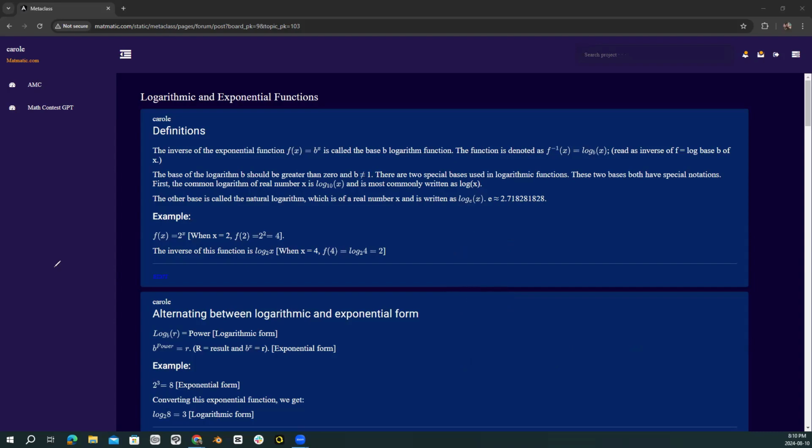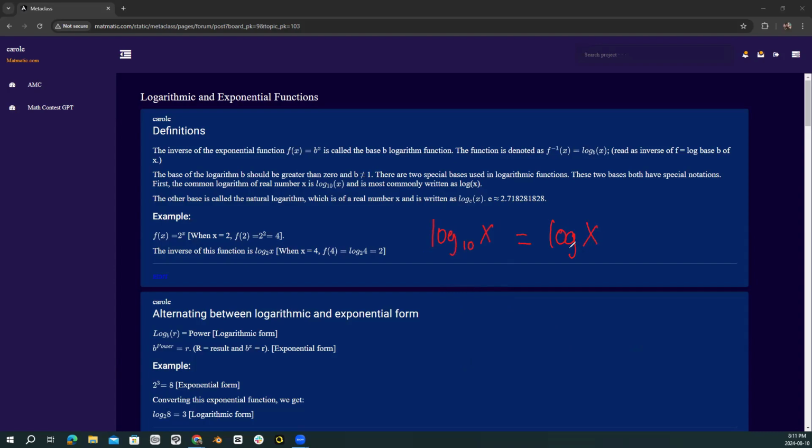The first is the common logarithm, which is base 10, and it's usually just written as log x.